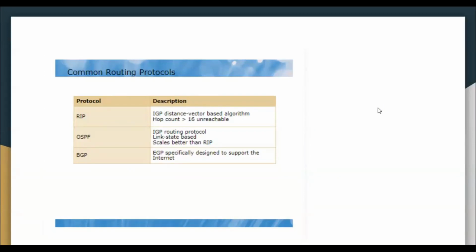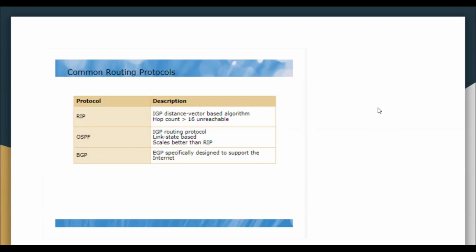It uses hop count to find the shortest path from one network to another, where hop count means the number of routers a packet must pass through on the way. When a packet goes from one network to another, this is known as a hop.